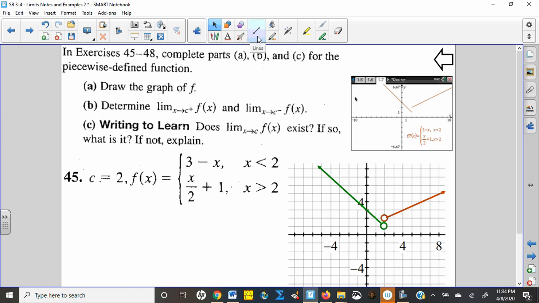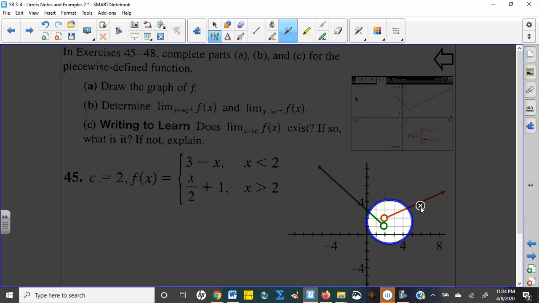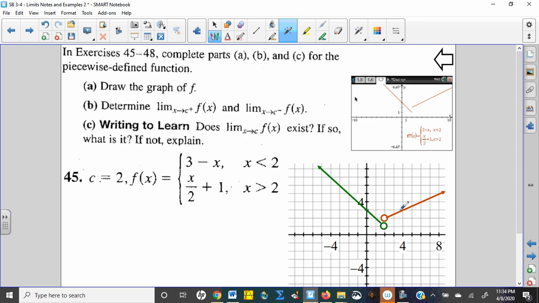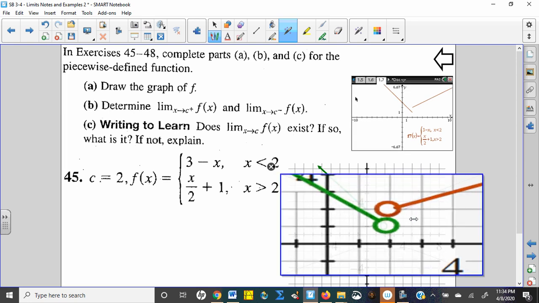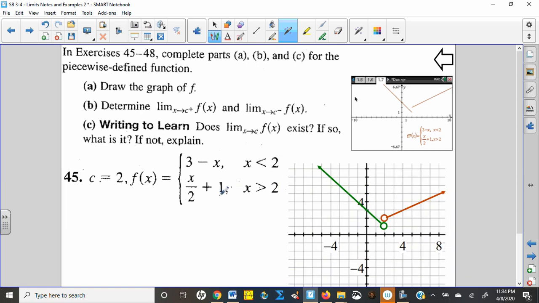Notice that we definitely get a jump discontinuity at the break point of this graph at 2. Okay, that's totally not what's supposed to happen. It was supposed to be a square, not a circle. I thought I drew a square. There we go. So you can see what's happening there. So what that means, as far as the left and right limit goes, is they're going to be different.